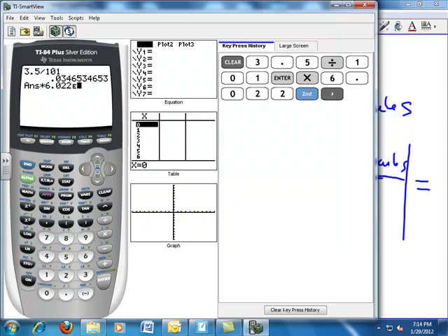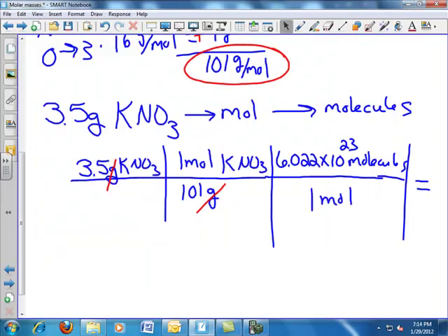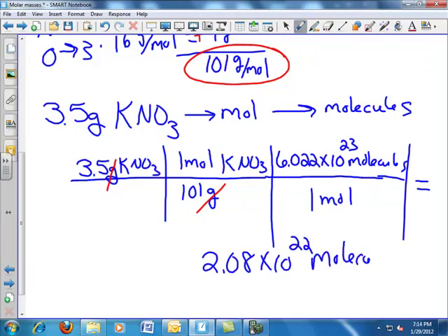Need to go to the exponent key, 23rd, and hit enter. And that should be what your calculator reads, is 2.08 times 10 to the 22nd molecules of KNO3. Okay, and this is the units that you should be writing.